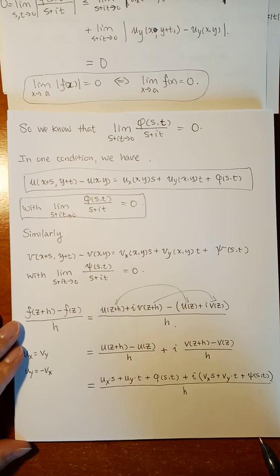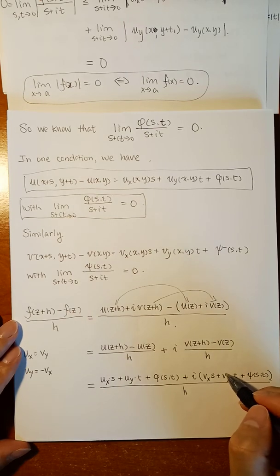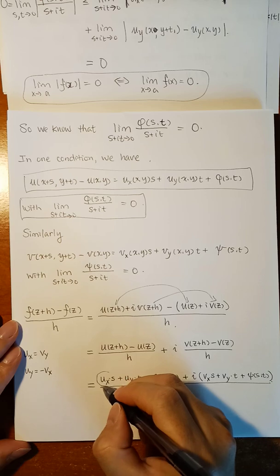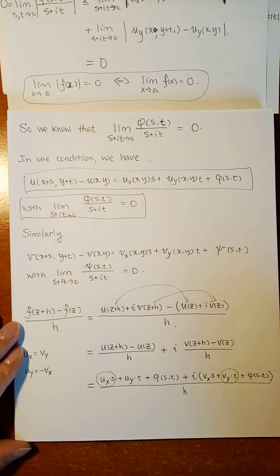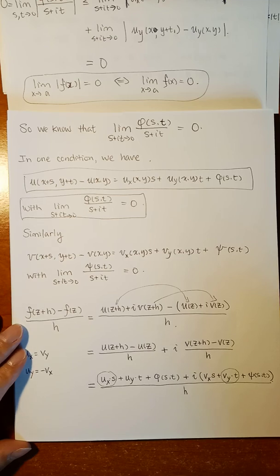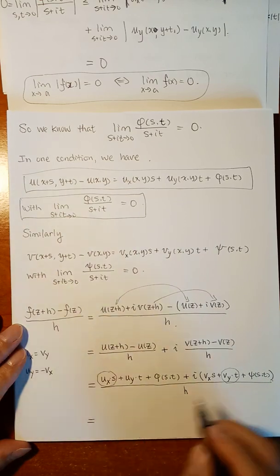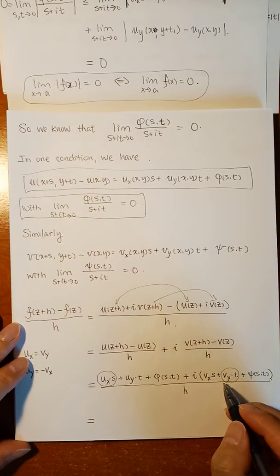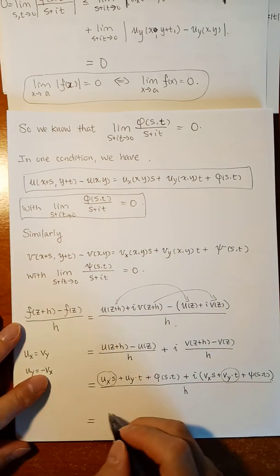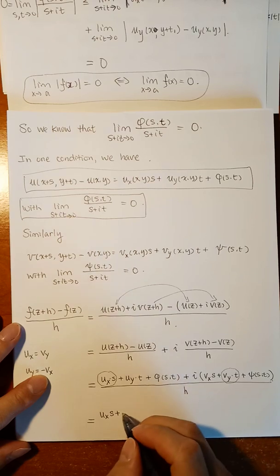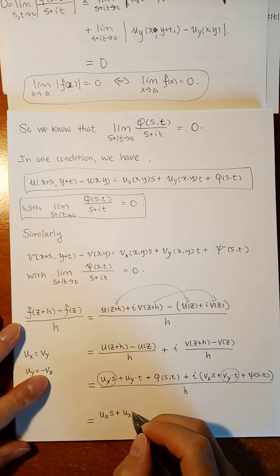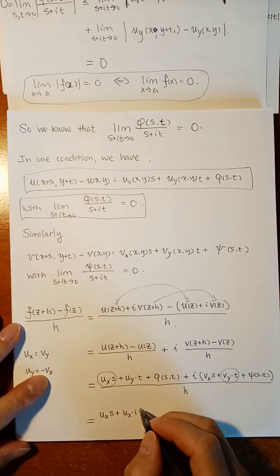Okay, so here, this one, and this one says v_y is u_x. So we get u_x s plus i u_x t.